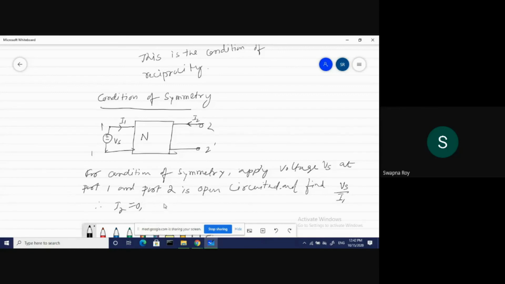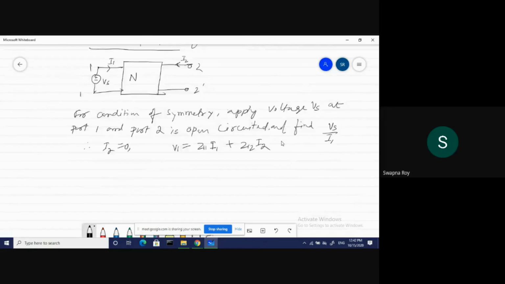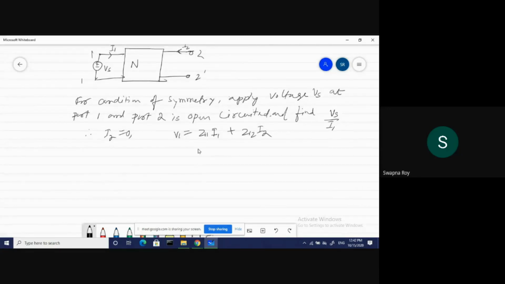So in the equations, V1 is equal to Z11 I1 plus Z12 I2, and V2 is equal to Z21 I1 plus Z22 I2.